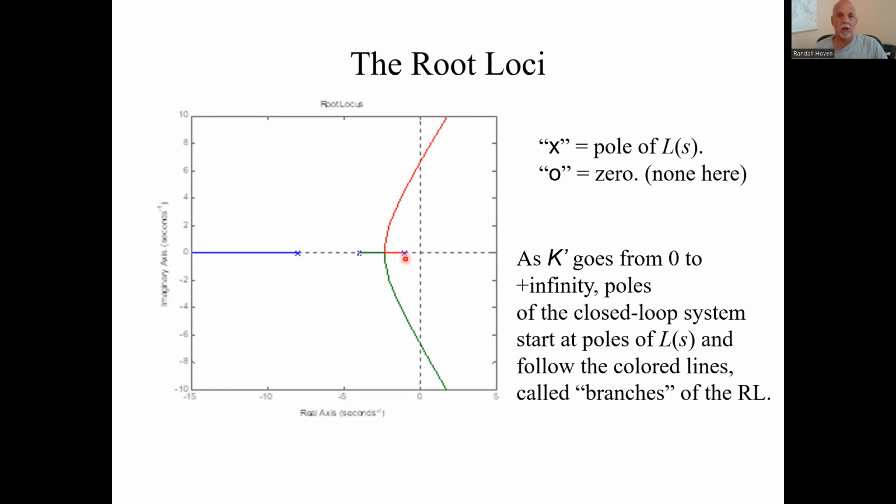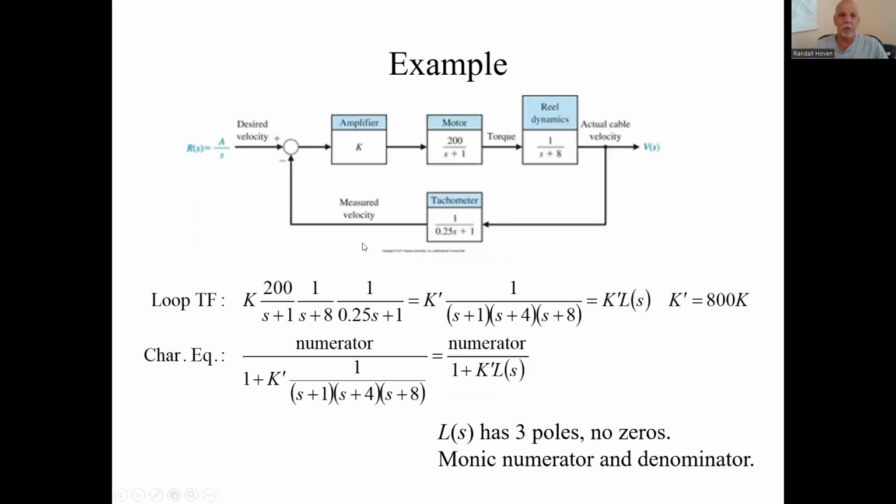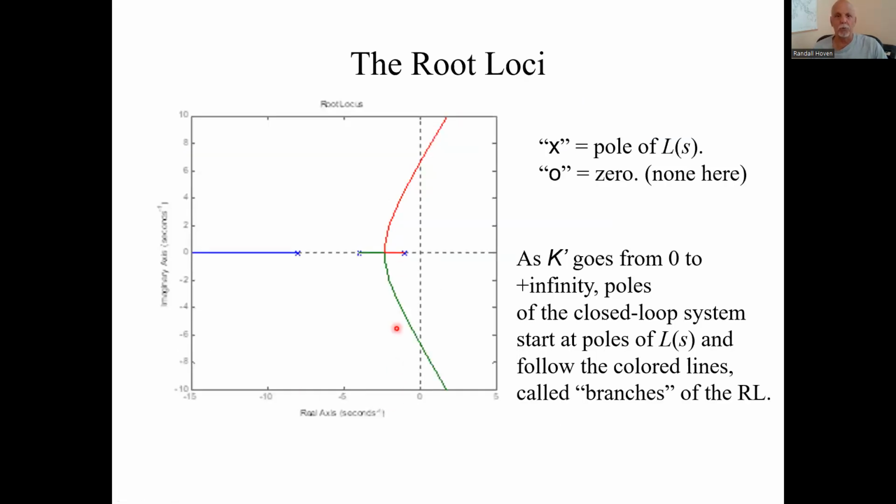The X's are where the poles of L are. If L of S had zeros, we put little O's there, X's and O's. This particular L, here's the L, it didn't have any zeros, so there's no O's to put here.